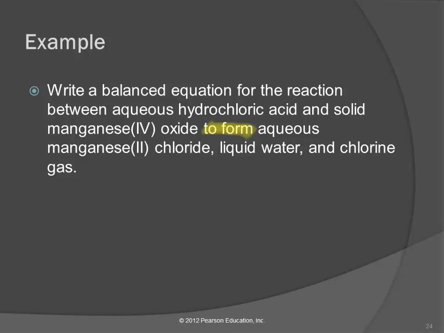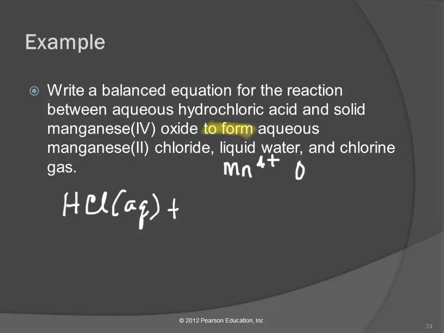Hydrochloric, the hydro prefix tells us it's just hydrogen and one other element. Chloric means it's chlorine. So we've got HCl, and it says it's aqueous, and so we write AQ. And manganese 4 oxide. So manganese is Mn, and that Roman numeral 4 tells us the charge is 4+.